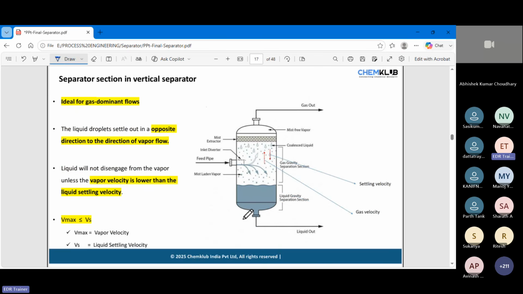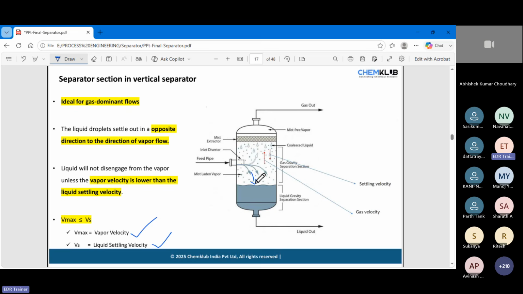Now we will see the separator selection for the vertical separator. If you look at this vertical separator with terminal settling velocity, we have two velocities: the vapor velocity and the liquid settling velocity. The vapor velocity is always lesser than the liquid settling velocity. Then your liquid will settle down here.